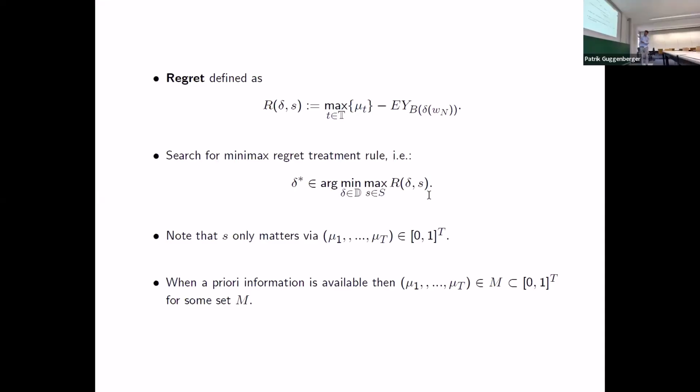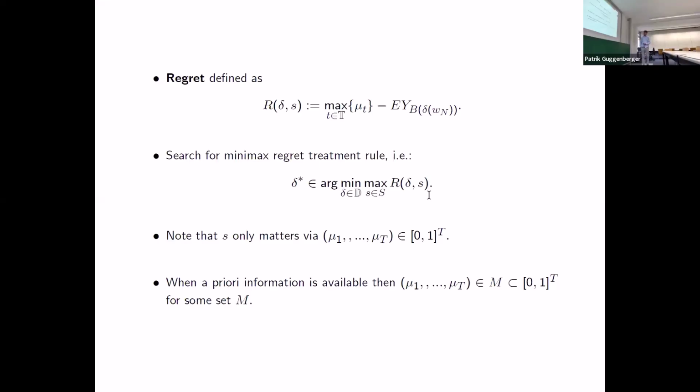Okay, so regret is about this gap between the optimal expected outcome and the one that she actually got. And then what is a minimax regret treatment rule? It's simply a solution to this argmin max problem. So we are trying to find a treatment policy delta that minimizes the maximal regret, where the maximum is taken with respect to all possible joint distributions that nature could have chosen.